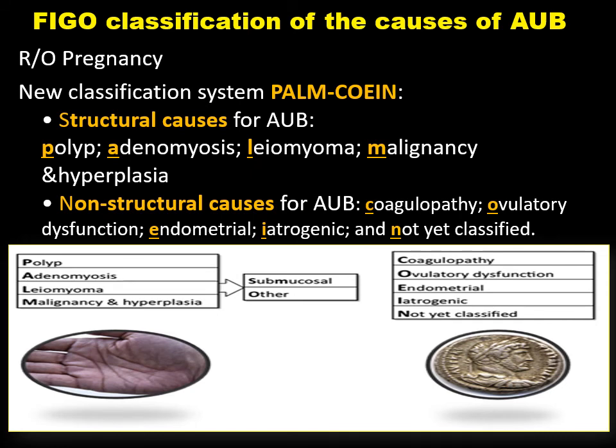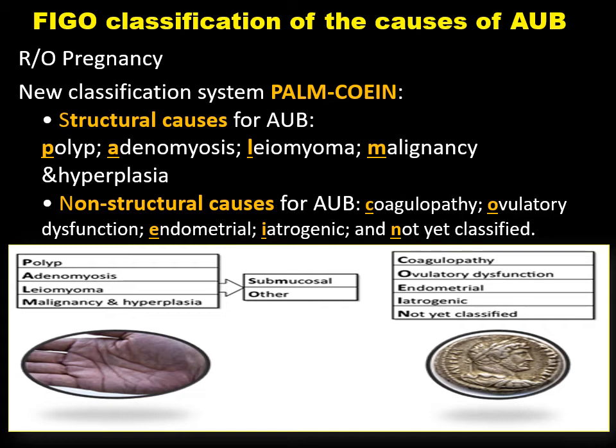The International Federation of Obstetrics and Gynecology classifies the causes of abnormal uterine bleeding according to the PALM-COEIN. Of course, the most common cause of abnormal uterine bleeding in the reproductive age is pregnancy. So first of all, rule out pregnancy.